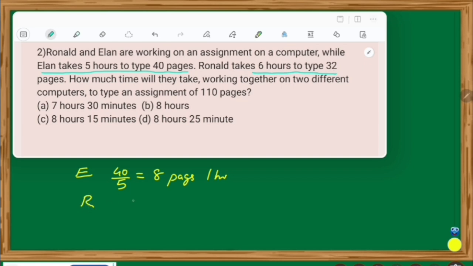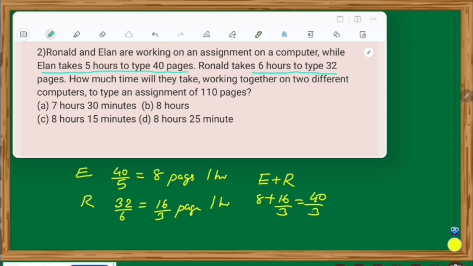Therefore, Ronald's working rate is 32/6, equal to 16/3 pages in 1 hour. So, the combined working rate of Ellen and Ronald is 8 plus 16/3, that is 40/3 pages in 1 hour.